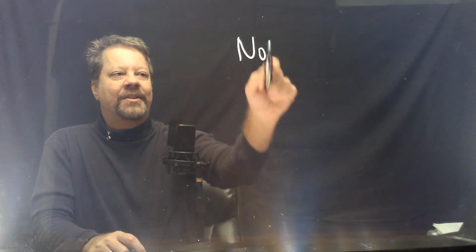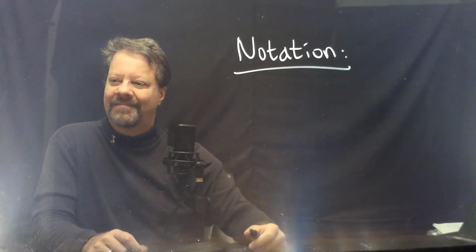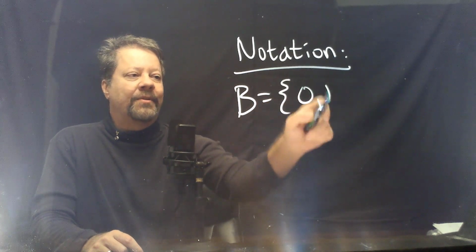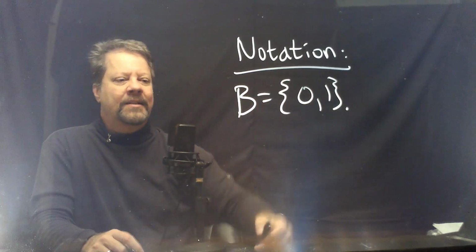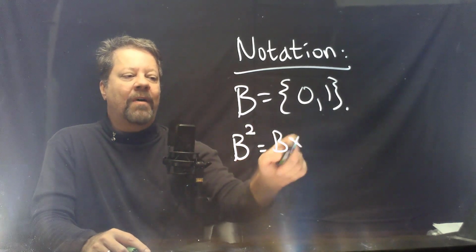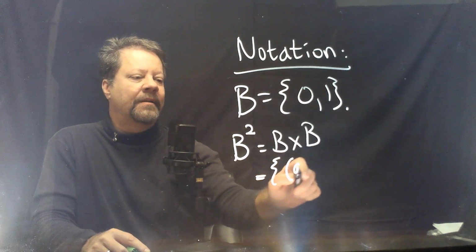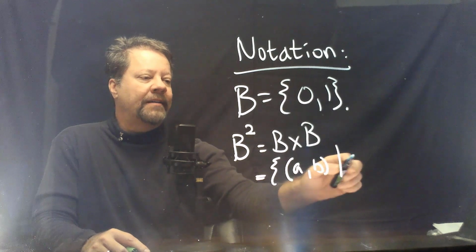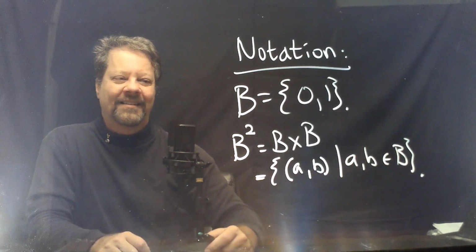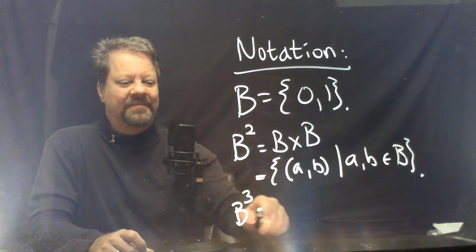Next, some notation. We'll set B to be the set 0 and 1. So what is B squared, or B cross B? This is the set of all ordered pairs, a and b, such that a and b are elements of the set B. If that's the case, what's B cubed?